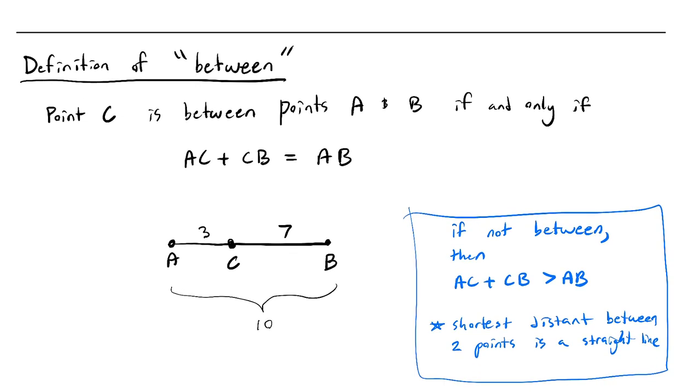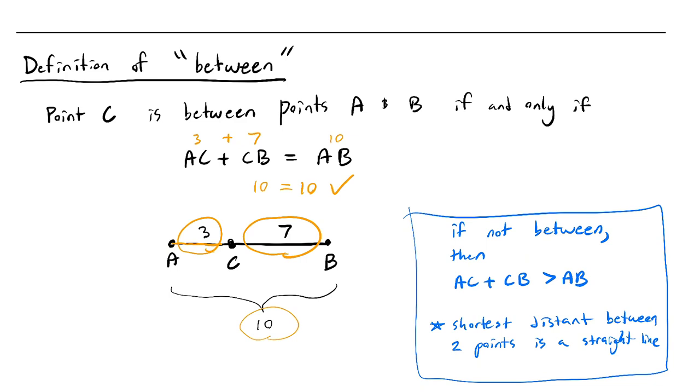And it is, as long as a portion of the journey plus the rest of the journey equals the entire length. So in this case, the distance from A to C, that's 3, plus the distance from C to B, 7, is equal to the distance from A to B, 10. So yes, 10 equals 10. Okay, C is between A and B.